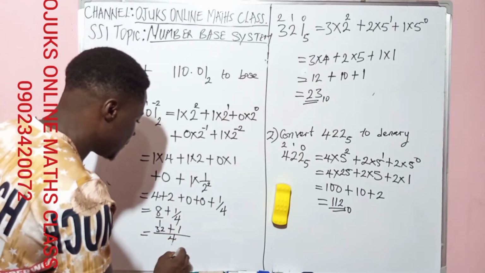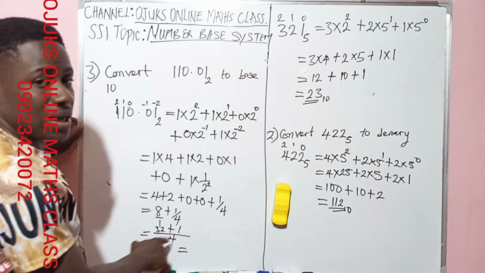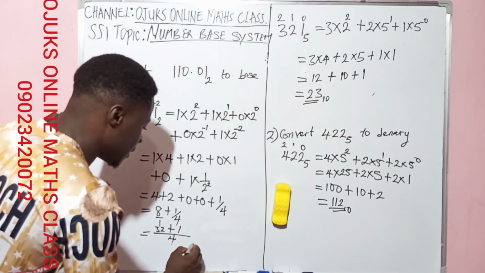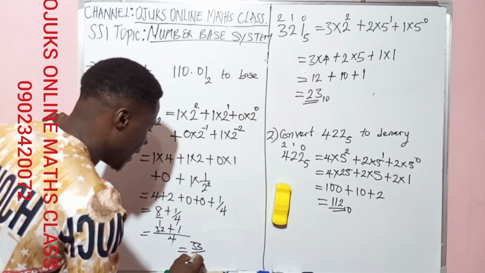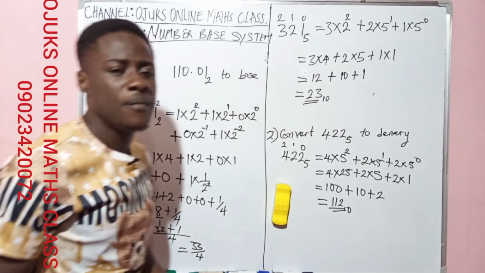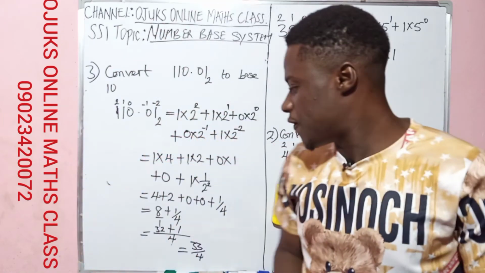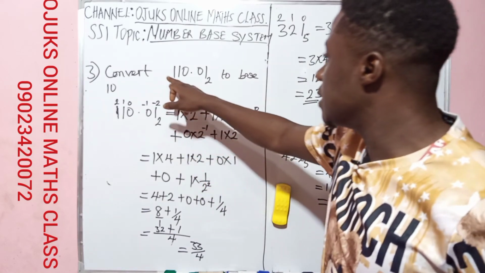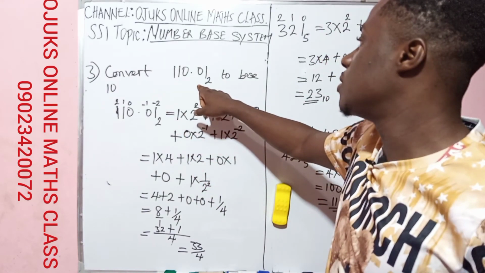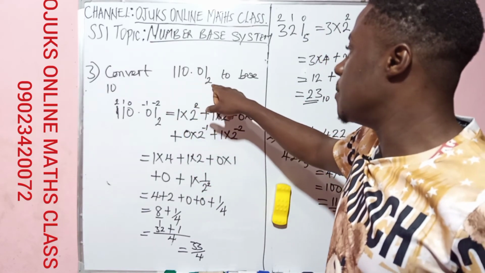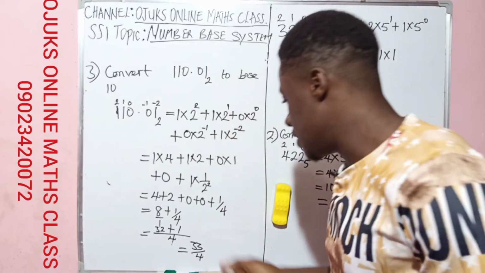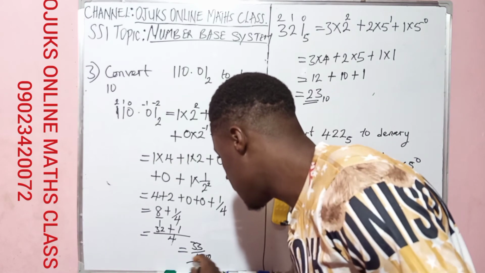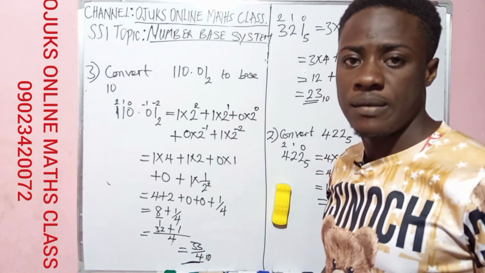So this gives 24 plus 1, we are having 25. So the result is 25 over 4. Okay, we have 25 over 4 as our result, which is the result of 110.01 base 2 to base 10.